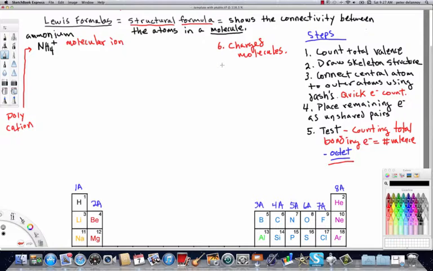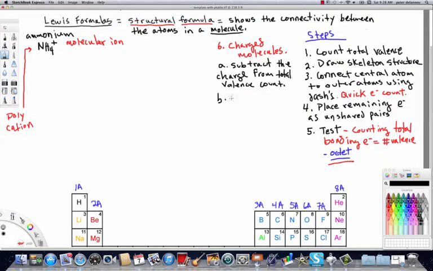In the case of the positively charged molecule, you're going to subtract the charge from the total valence count. The other option is if it's a negatively charged particle.